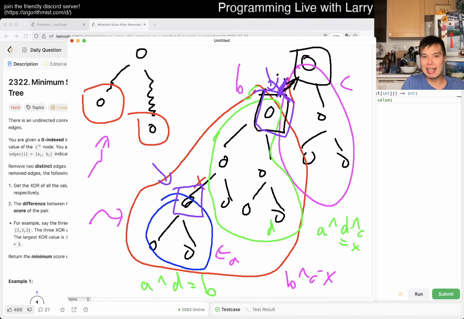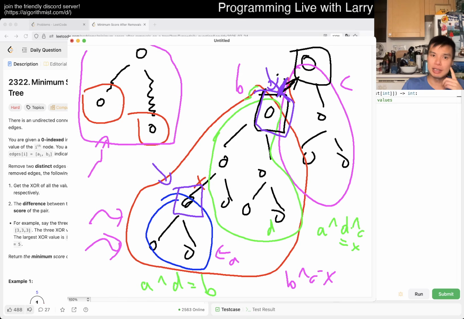Meaning that you have A and B, either A is in B, or B is in A, or they're not. So you have this case where they're not inside each other, and then the case where they are. And then the question is, how do we differentiate between them?